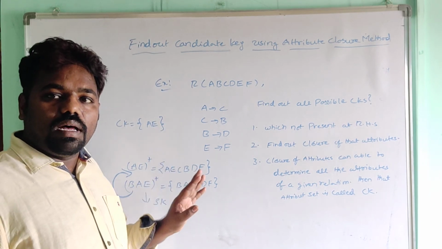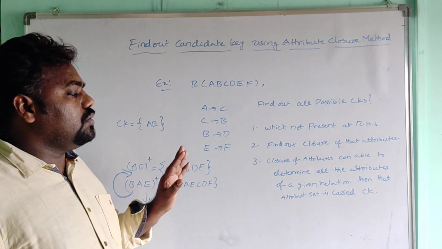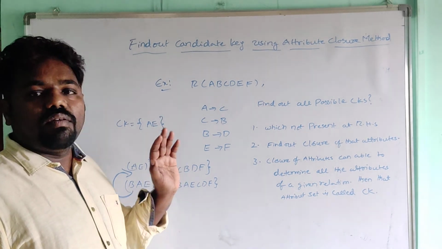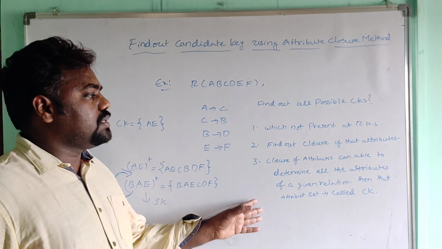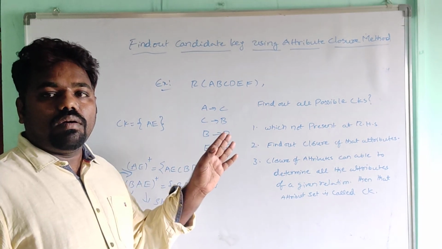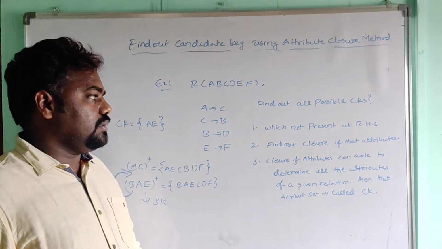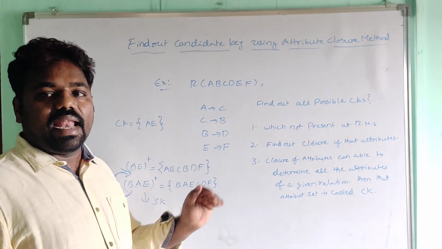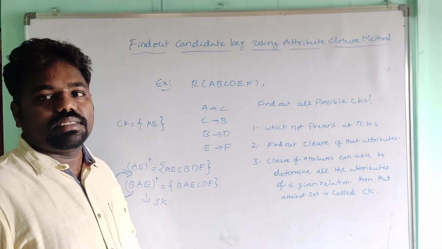This is one more important method to find candidate keys for a given relation. These are the steps we need to perform while finding candidate keys for a given relation.